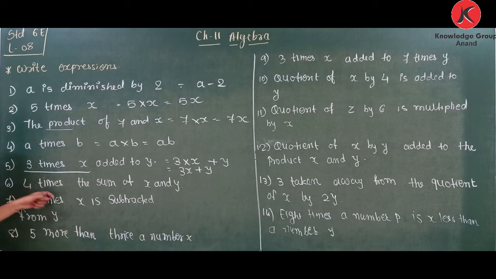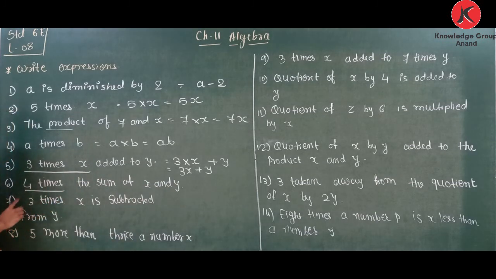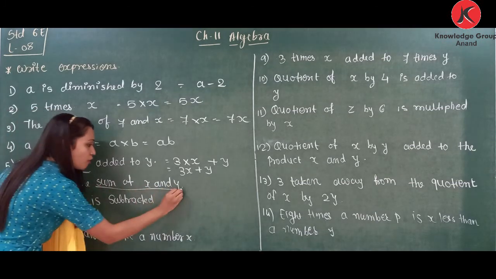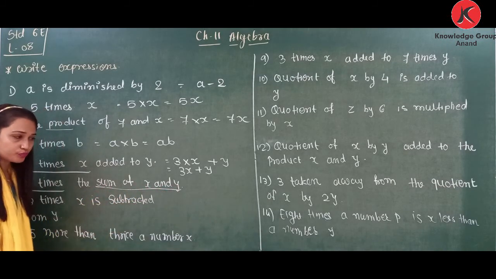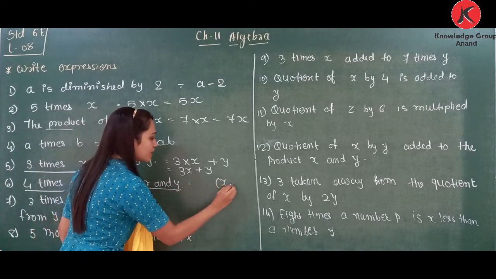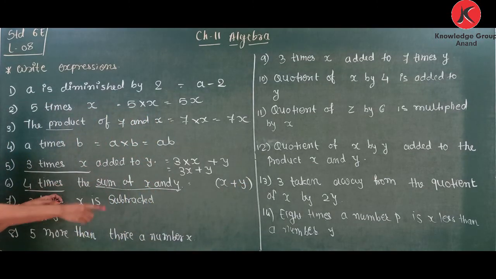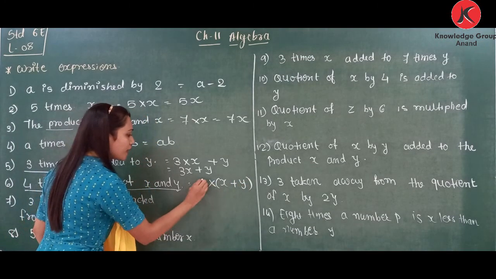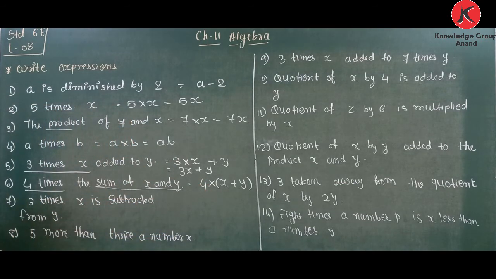Next, 4 times the sum of x and y. 4 times, but what 4 times? The sum of x and y. So first we need to write the sum of x and y, which is x plus y, and 4 times that is multiplied by 4. You can multiply by 4 at the last, then it is also correct.